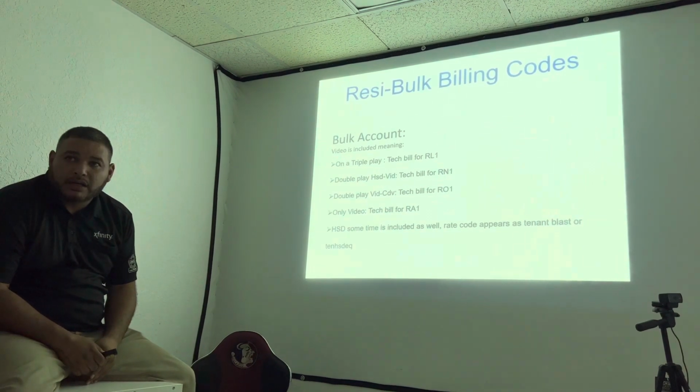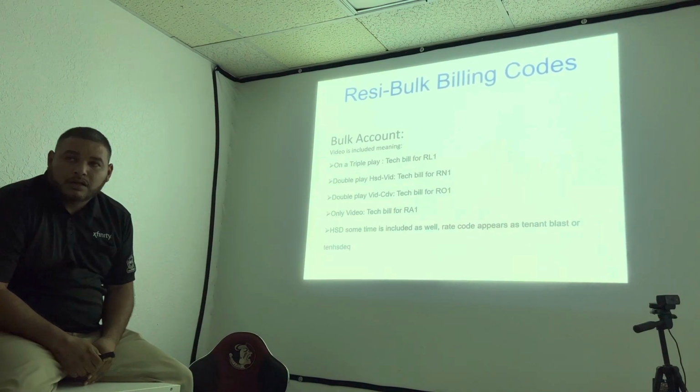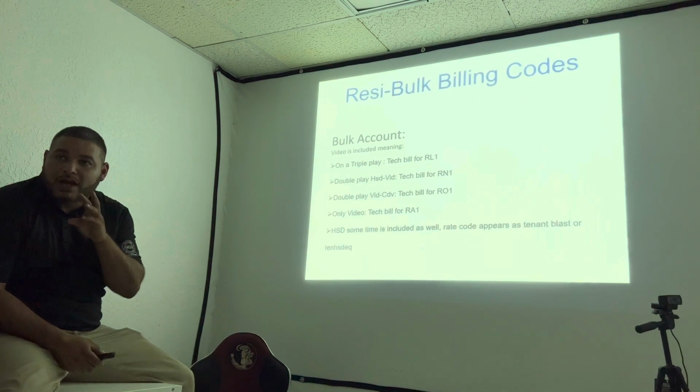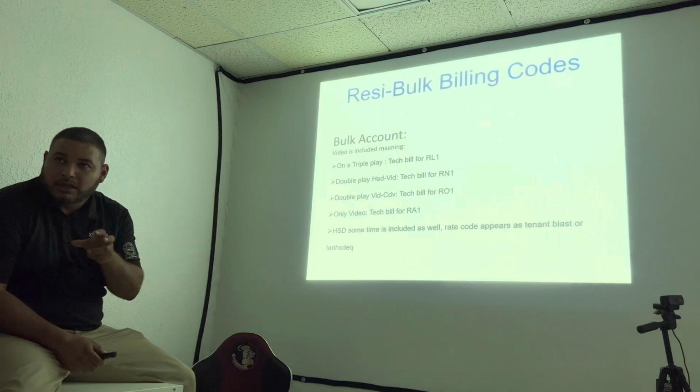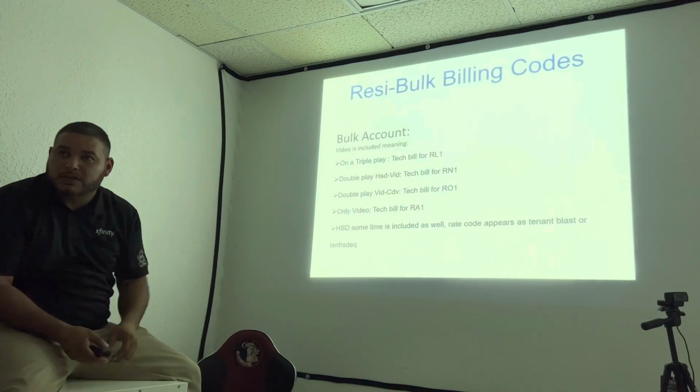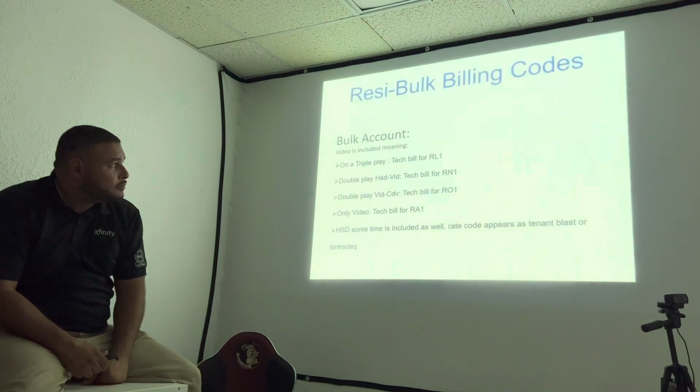Sometimes the rate code appears as tenant blast. So let's say the association includes video and internet, and you have an order for internet and video. Then you would charge only RA1 plus the equipment, all the equipment that you install. Make sense? Yeah.